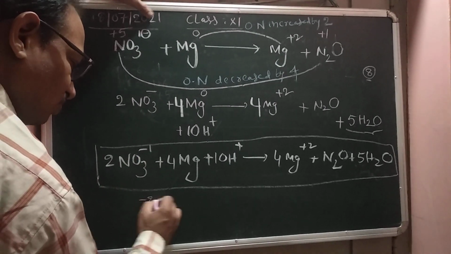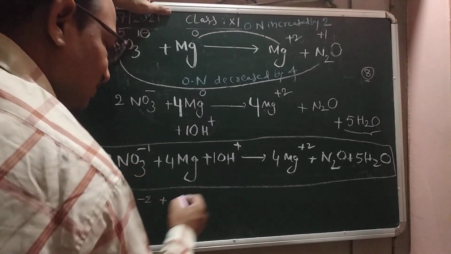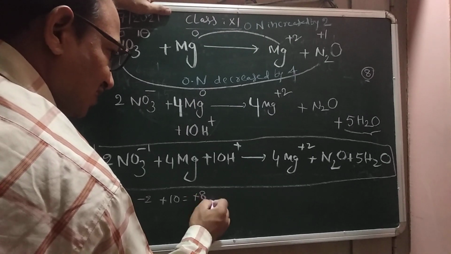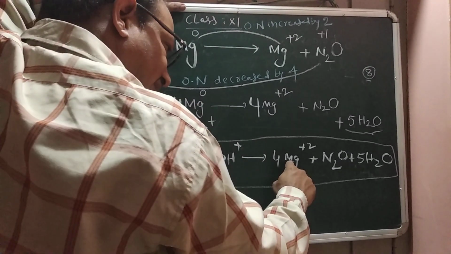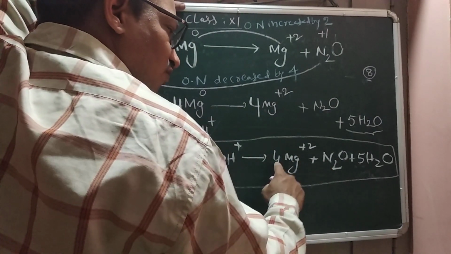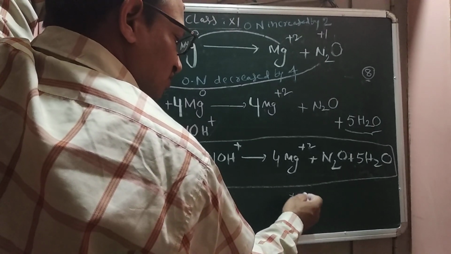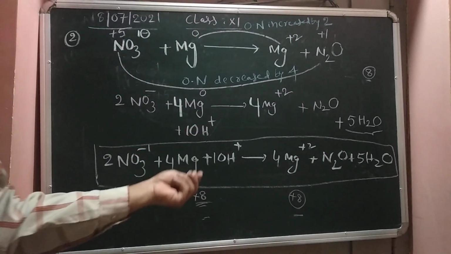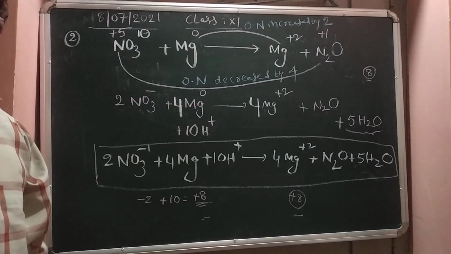This side minus 2 plus, each hydrogen plus 1, 10 hydrogens means plus 10. Minus 2 plus 10 means plus 8. This side total charge plus 8. Each magnesium oxidation state is plus 2, 4 into plus 2, plus 8. So this side also total charge plus 8. So this is also balanced. Right? This is the way to balance the chemical equation by the oxidation number method.